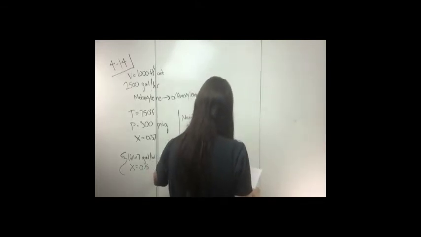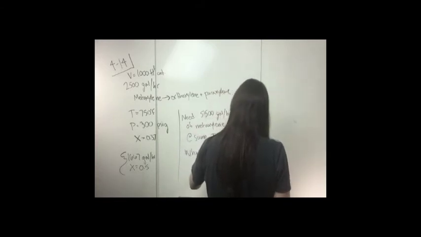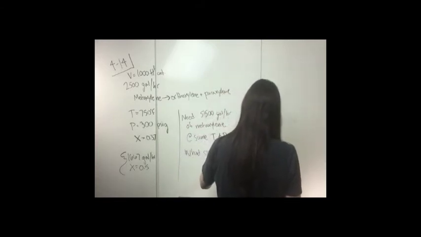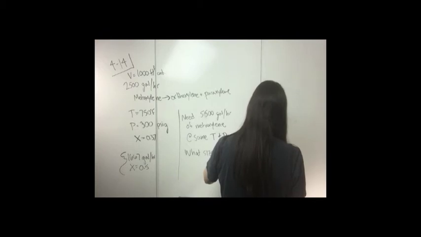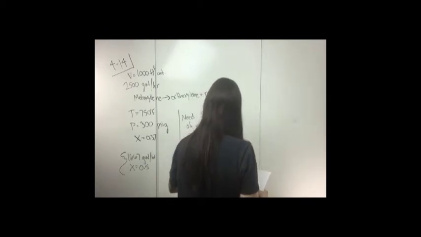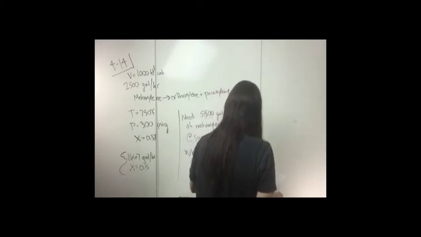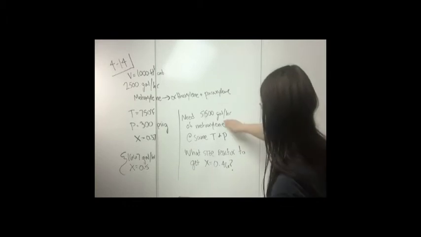So what size reactor to get X equal to 0.46 with this flow rate?